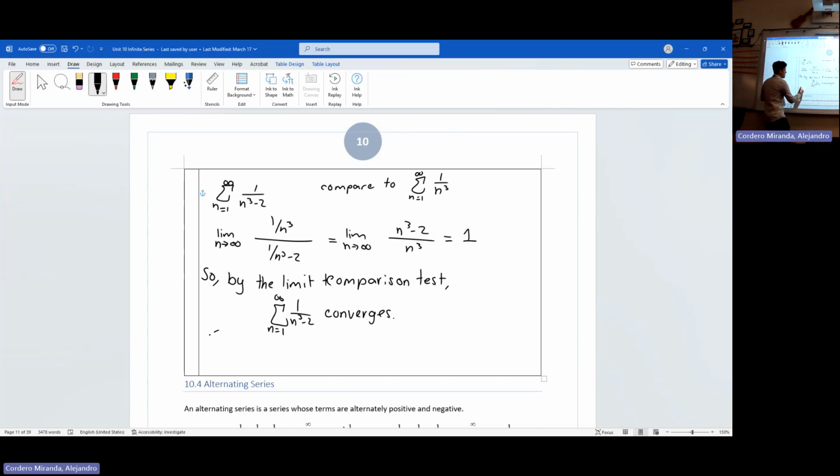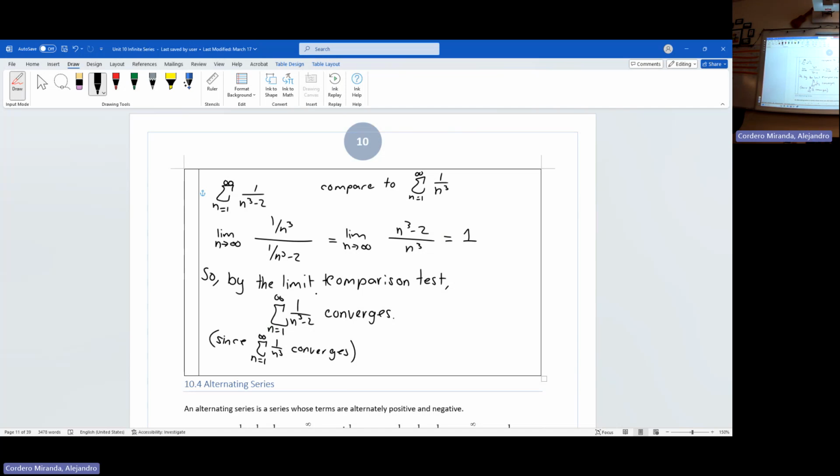Maybe add on to this, since this one originally converged. For the geometry, we talked about why, but yeah, you could mention that in your proof, I guess.